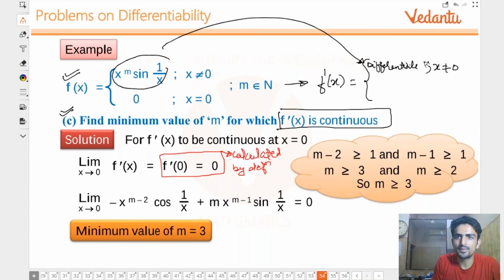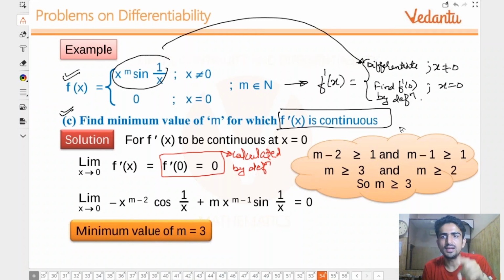But for x equal to 0, you cannot find the derivative straight away because the function is of the form x not equal to a, x equal to a. So here find f dash 0 by definition. That is, write RHD, write LHD, and they should be equal. From there you get f dash 0.